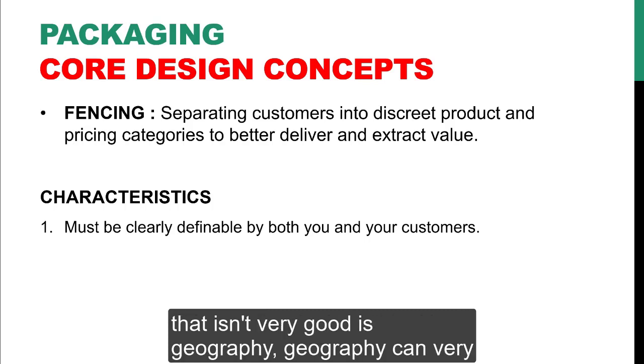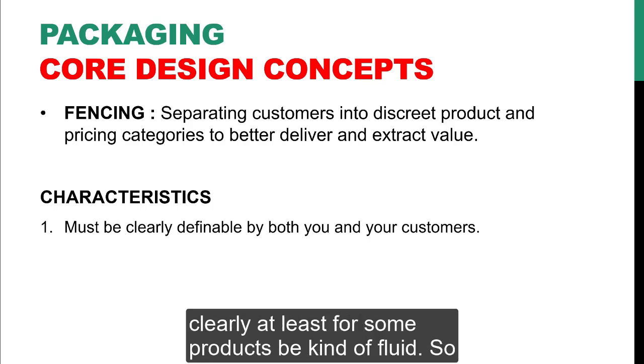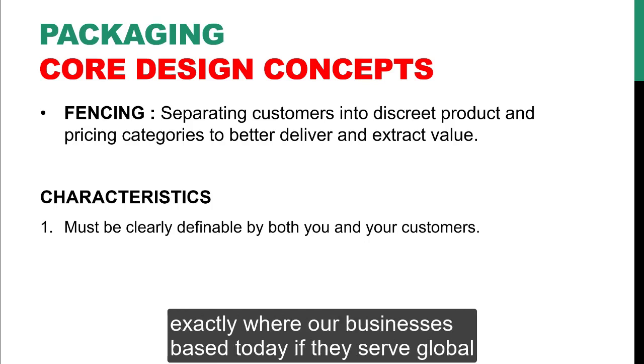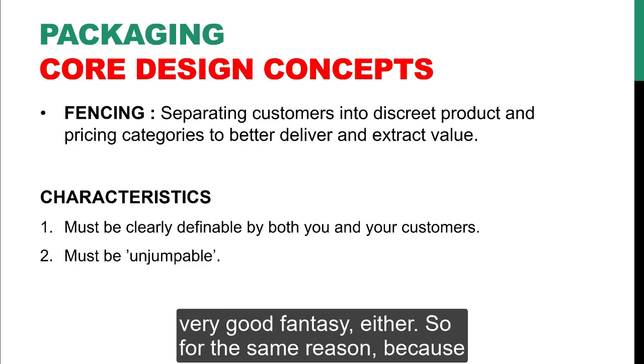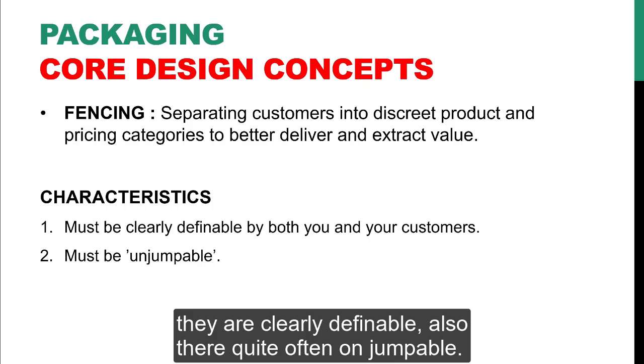Another that isn't very good is geography. Geography can, at least for some products, be quite fluid, like exactly where a business is based today if they serve global markets, and so on. So usually that's not a very good fence either. For the same reason, a fence must be clearly definable, and good fences are also quite often unjumpable.